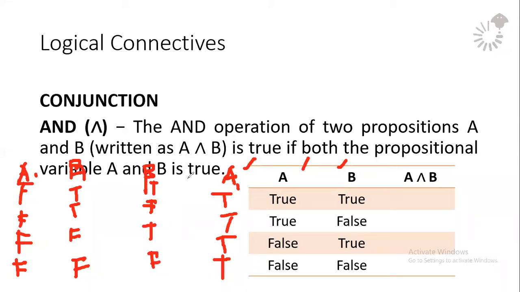So, when there are three variables, there are 8 combinations. So the values for three variables can be true, true, true. It can be false, false, true. It can be false, false, false. True, false, false. Those are the combinations.